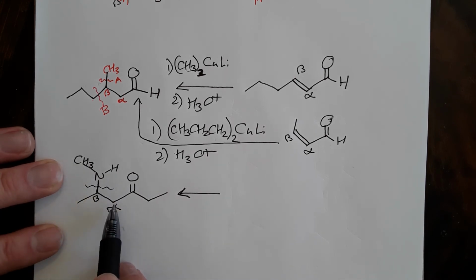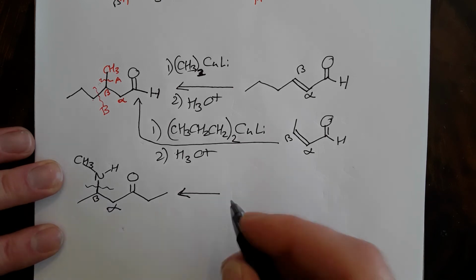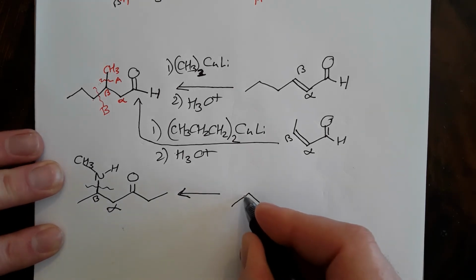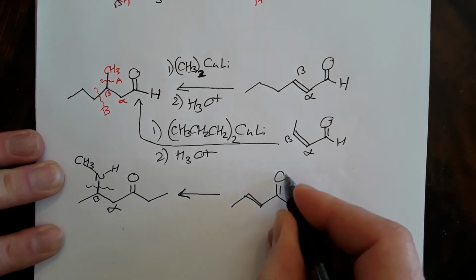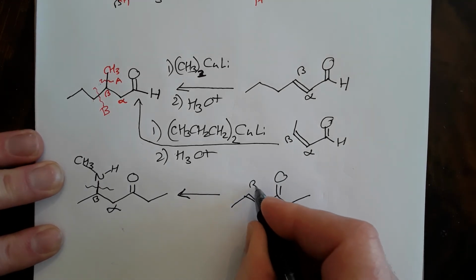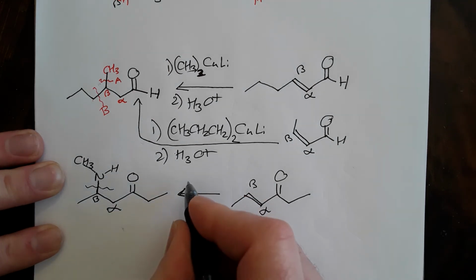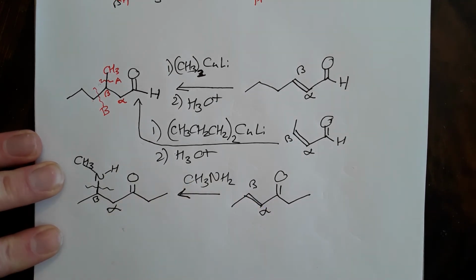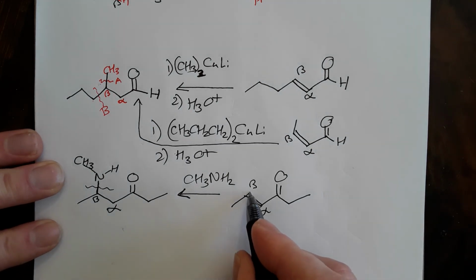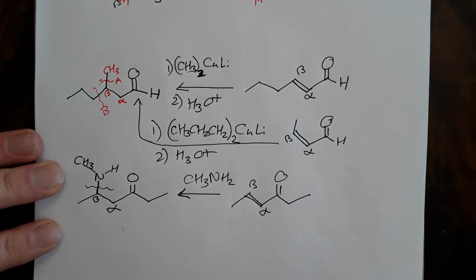Again, there used to be a double bond between these 2 carbons. And we simply add the methylamine to that, and that will add to the beta carbon, breaking the pi bond.